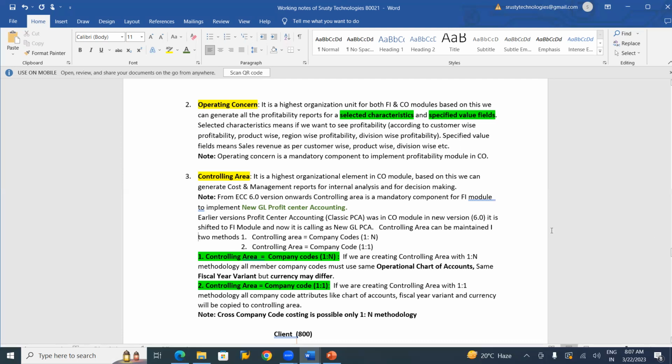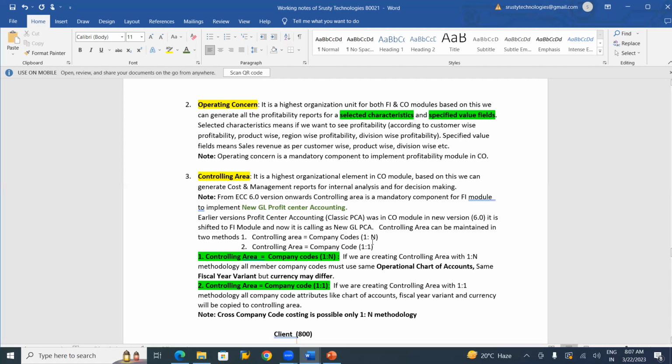In two methods. First one, controlling area equal to company codes. So this is again important. Controlling area equal to company codes, 1:n methodology.